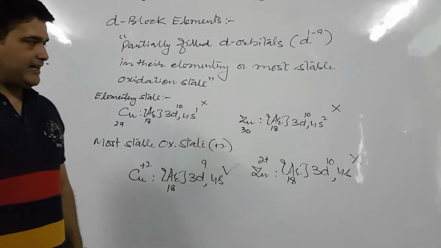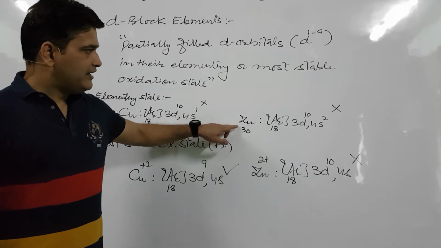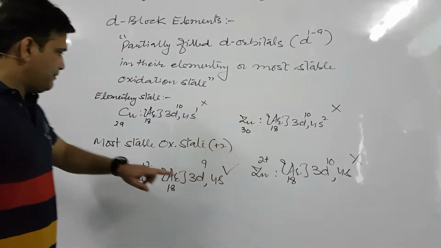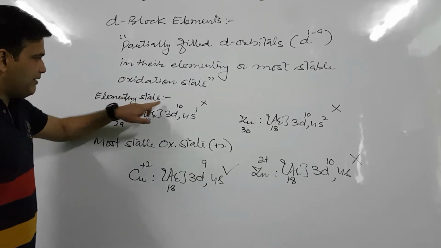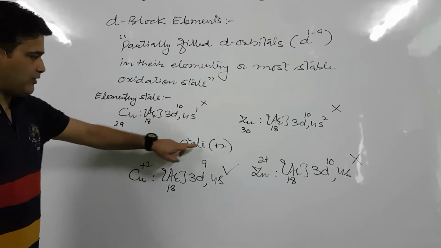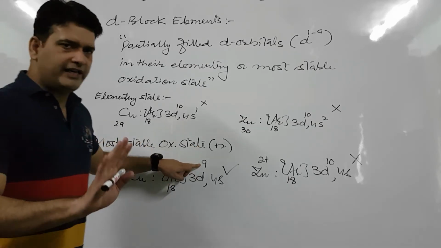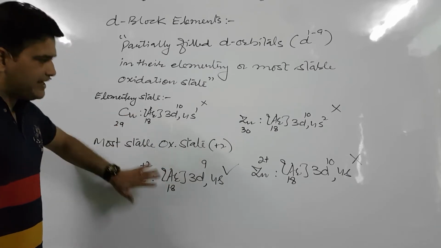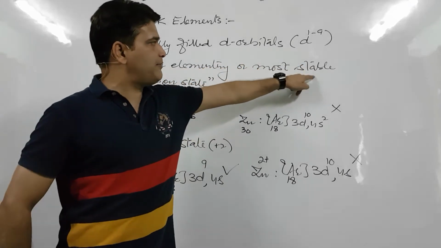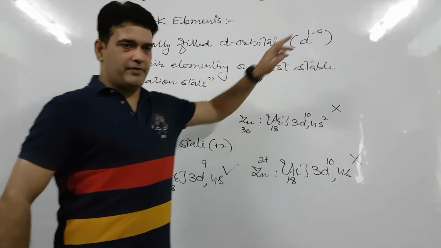So it is clear that zinc is not a D block element in elementary state or most stable oxidation state. But copper in the elementary state is not a d block element, but in the most stable oxidation state it is a d block element. So it is clear that copper is a d block element because in either the elementary state or the most stable oxidation state they have partially filled d orbital.